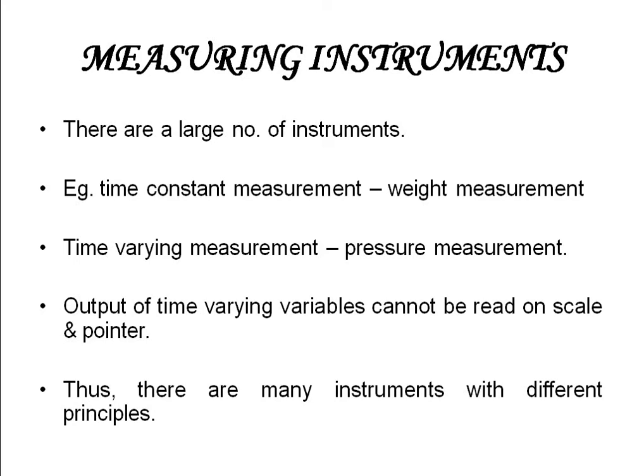Weight cannot vary for an object, I mean for a non-living thing. For a living thing it will vary. For time varying measurements, the pressure will vary depending on the time. So the output of time varying variables cannot be read on a scale and pointer. Thus, there are many instruments with different principles.